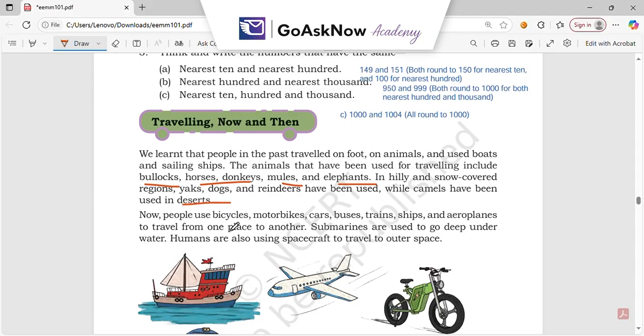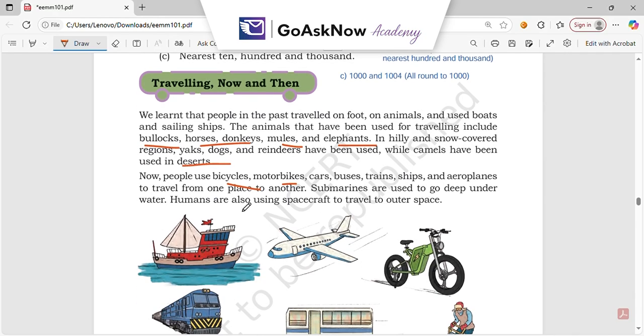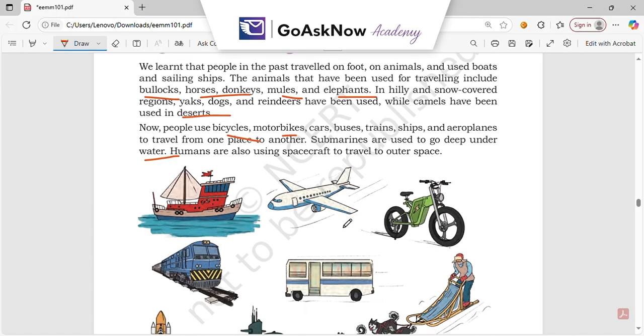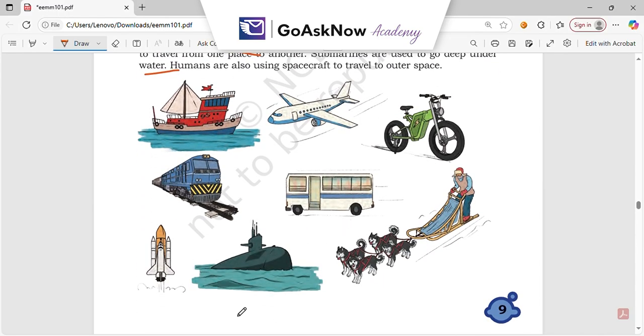Now people use bicycles, motorbikes, cars, trains, ships, aeroplanes to travel from one place to another. Submarines are used to go deeper under the water. Humans are also using spacecraft to travel in outer space. These are the traveling vehicles we are using.